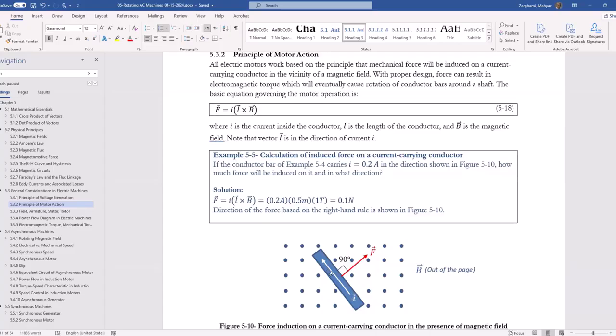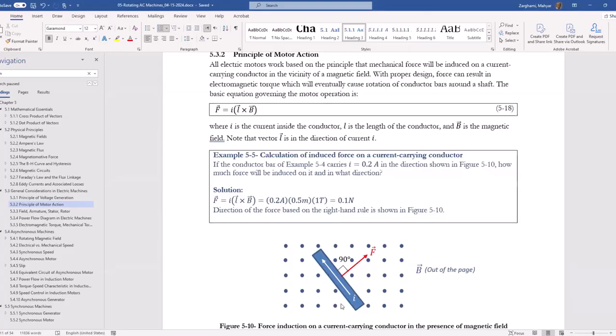So if you put current inside this bar, there would be a force induced on that conductor. That's the principle of motor action, because force will produce a torque.